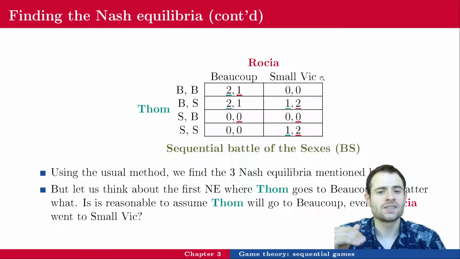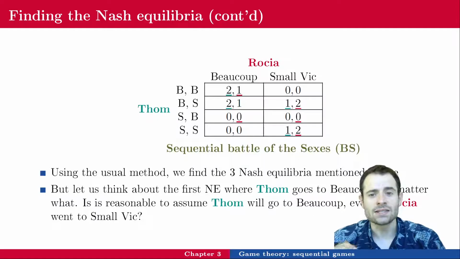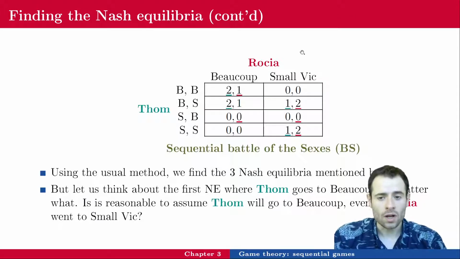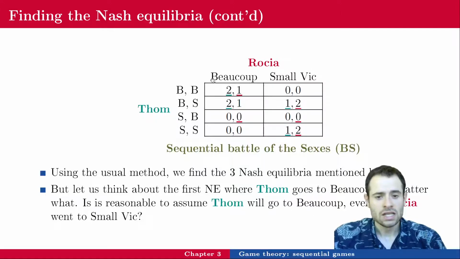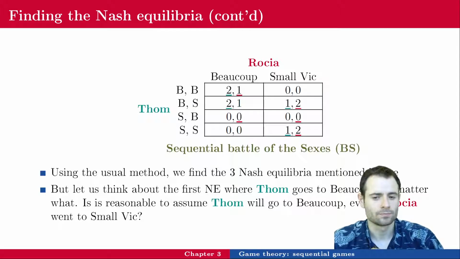So imagine that instead of going to beaucoup, she goes to small victory first. Tom does not have an incentive to go to beaucoup anymore. Now he wants to follow her and go to small victory to get a positive payoff. So once she goes to small vic, he doesn't want to go to beaucoup regardless. He wants to follow her. So BS would be a kind of a better best response, if you want.